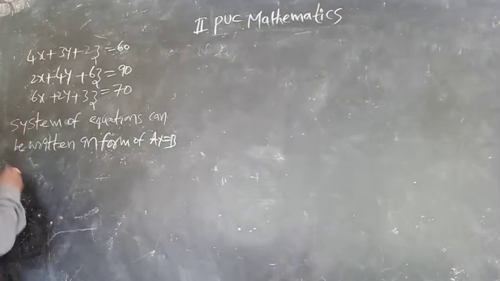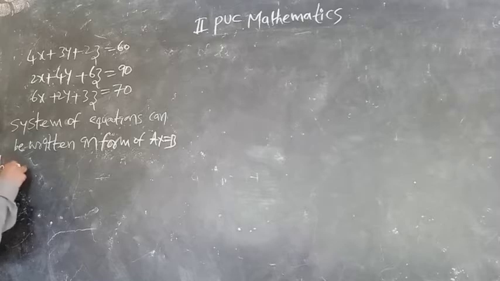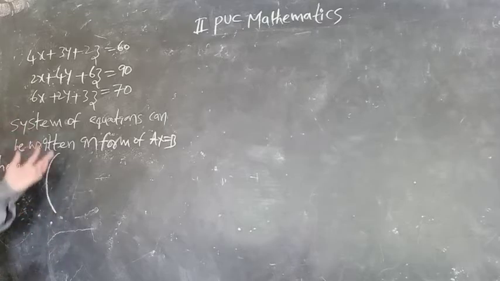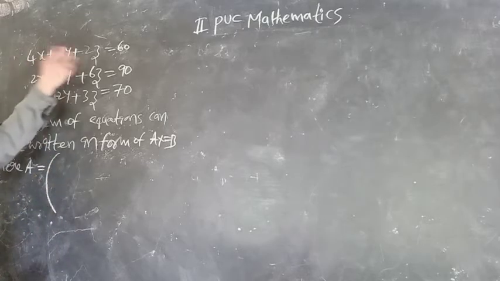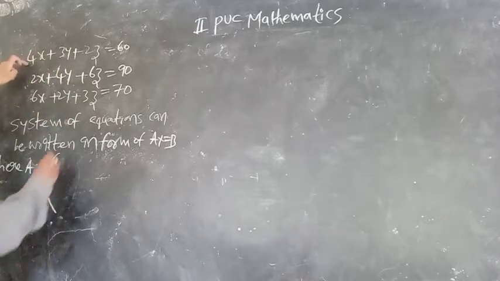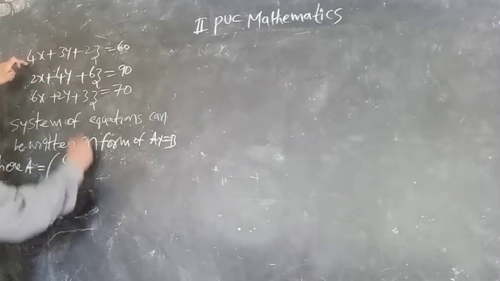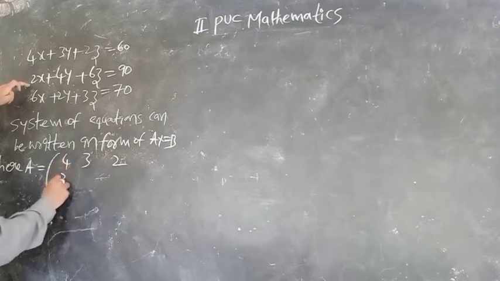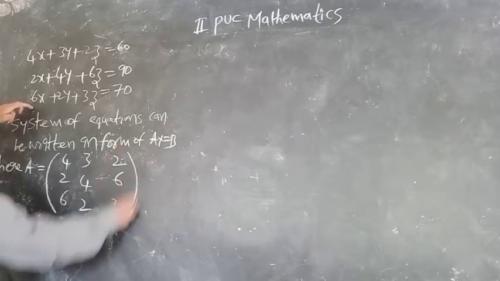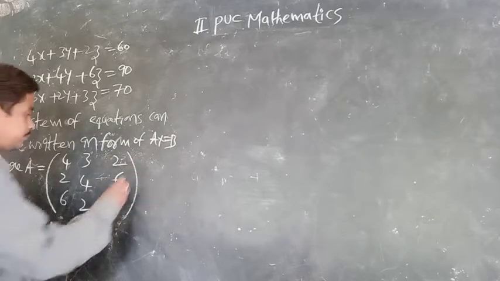Where A is the coefficient matrix: first equation, second equation, third equation, coefficients of x, y, z: 4, 3, 2; 2, 4, 6; 6, 2, 3. This is the A matrix.